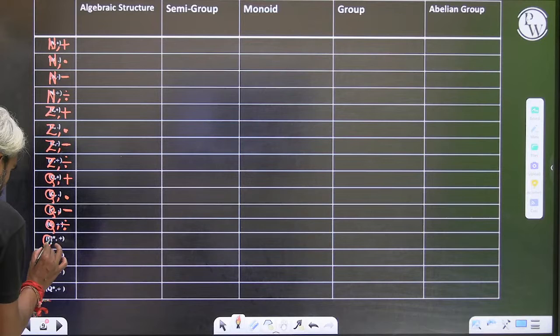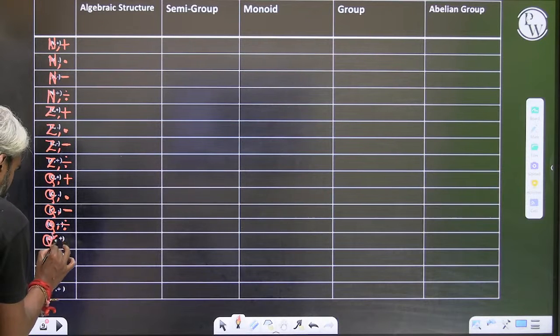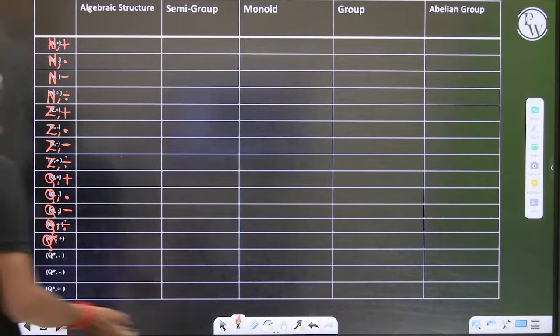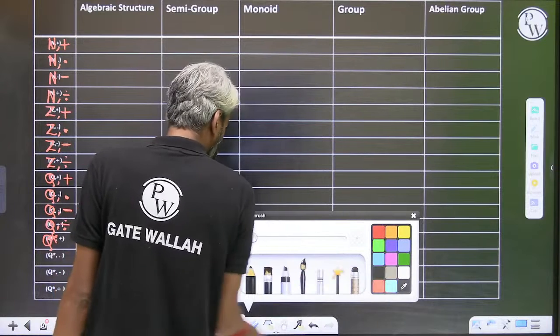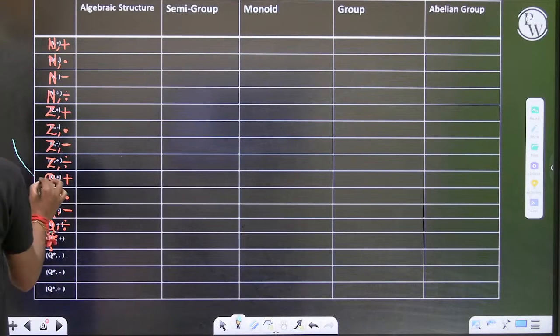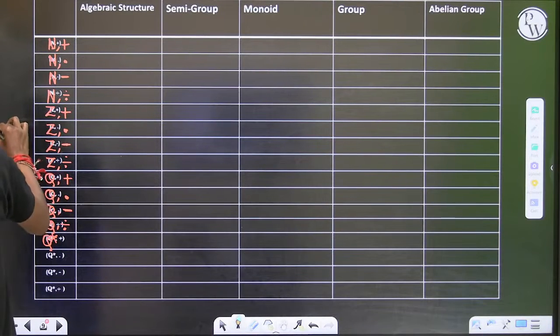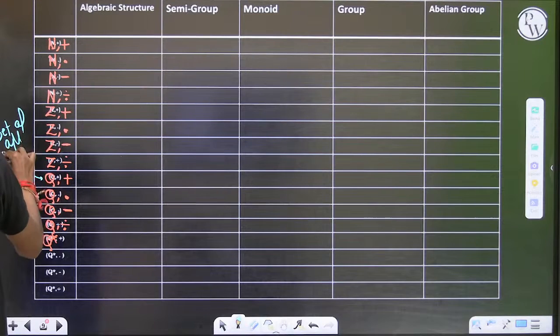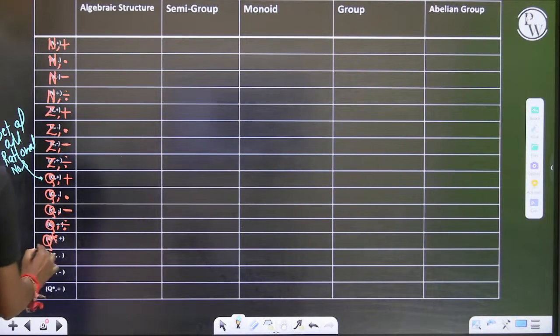We are saying set of all non-zero rational numbers. This Q asterisk is trying to represent the set of all non-zero rational numbers.